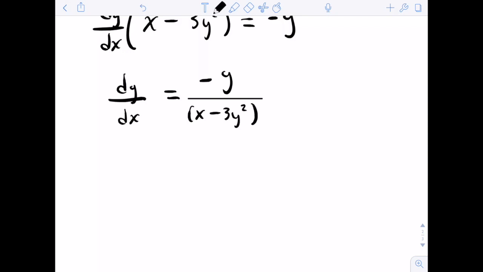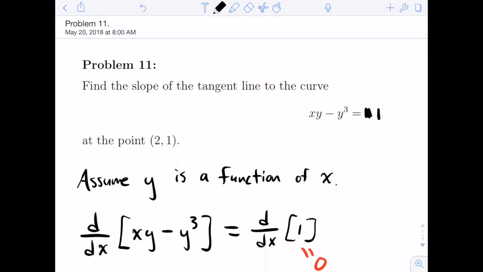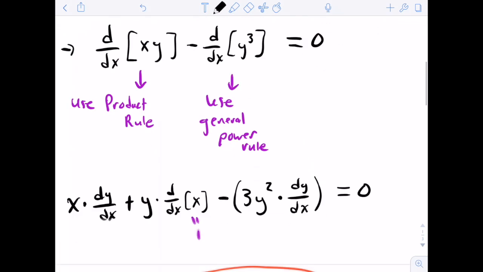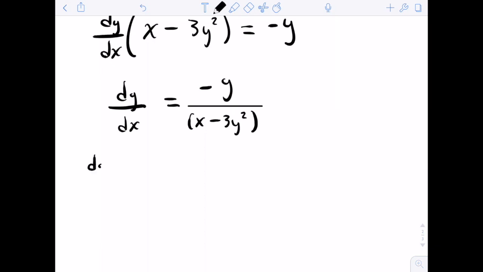We've solved for the derivative, but remember what the question's asking. The question says find the slope of the tangent line to the curve at the point (2, 1). So we found the derivative, which gives us the slope of the tangent line, so we just have to plug in the point (2, 1) to get it. We put this little notation here, meaning that we're going to evaluate the derivative at the point (2, 1).